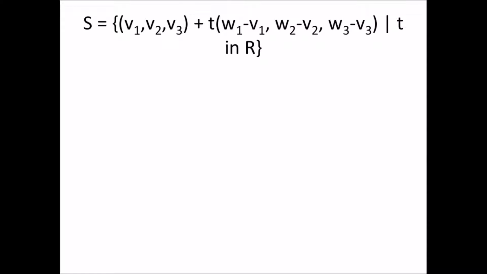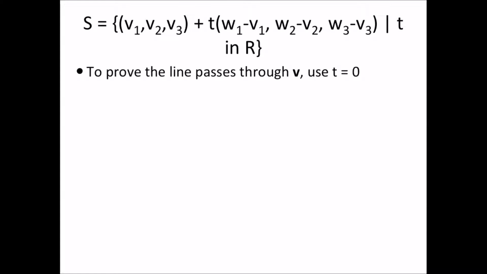We have our formula to describe the set of points that will create this line. To prove that the line passes through point v, we're going to choose our scalar t to be 0. So then, at this point, we would have that (v1, v2, v3) plus 0 times (w1 minus v1, w2 minus v2, w3 minus v3).